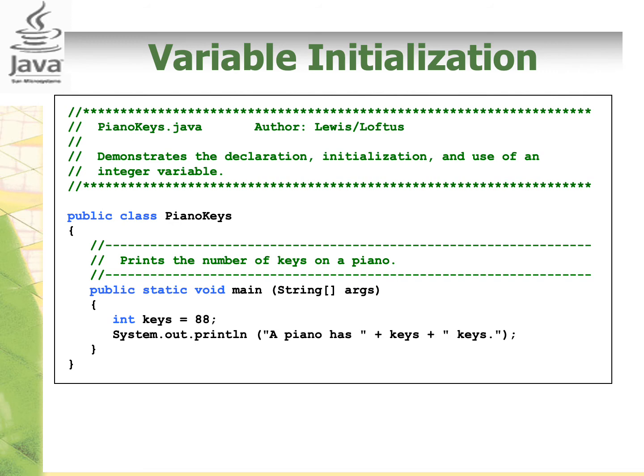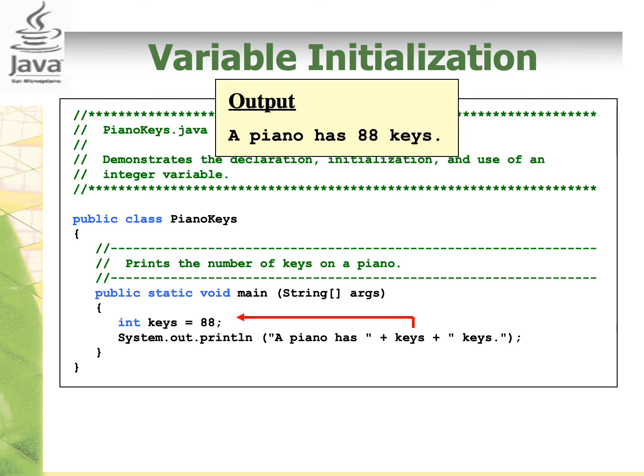Keys in the middle refers to the variable that we declared and initialized before, and the word "keys" at the end is within the double quotes, so that is another string. When we run this code, we'll get the output "a piano has 88 keys", where keys refers to the value of the variable.